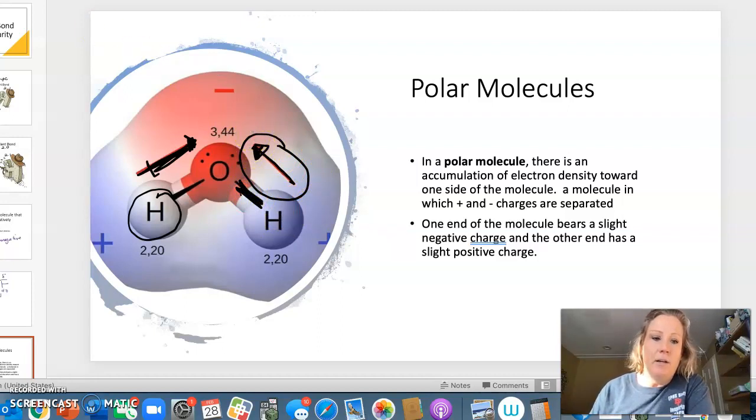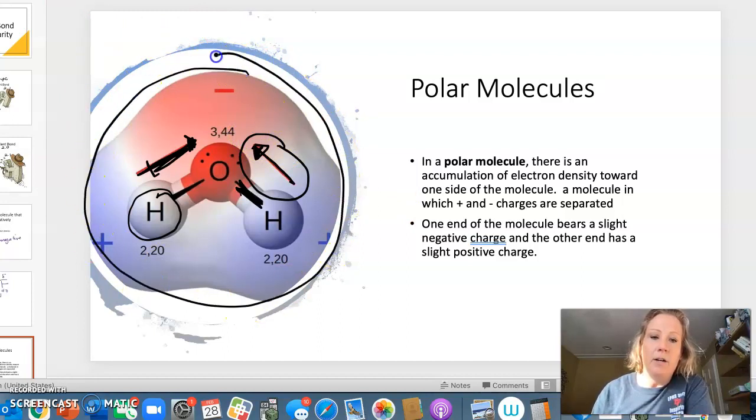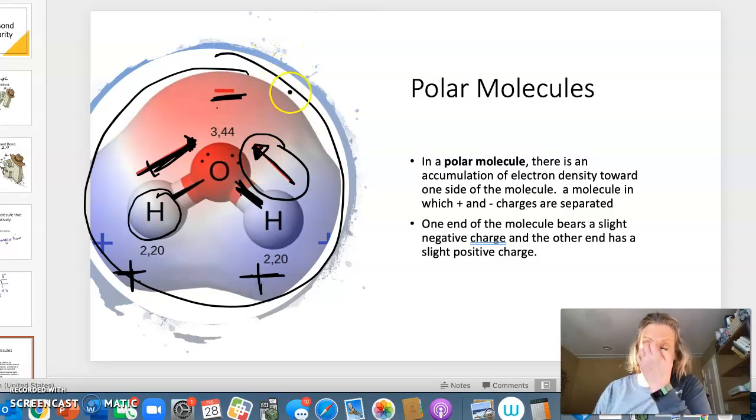There's also something called molecular polarity. If I look at the whole molecule and draw a circle around it, this end is negative and this end is positive, because there's going to be a buildup of electrons on this end of the water molecule.